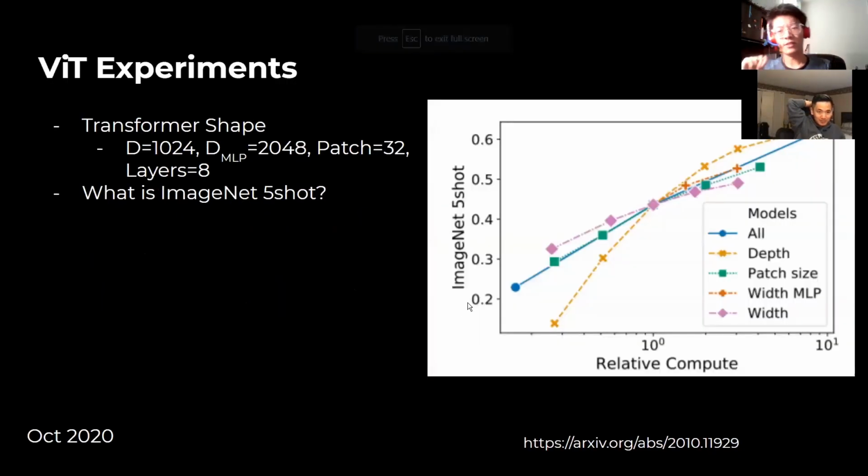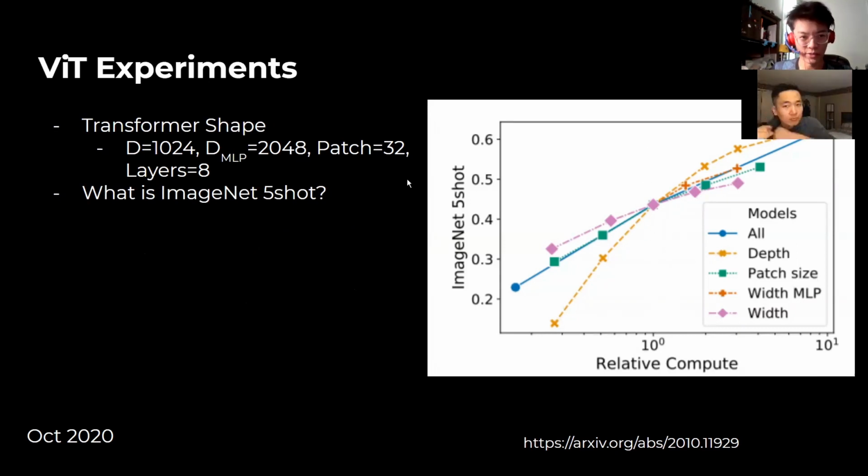And these are also some of the experiments that they tried in finding out the best parameter to tune when they're deciding how many layers they want to put in the model. So 10 to the power of 0 is the base model, and these are the base numbers.